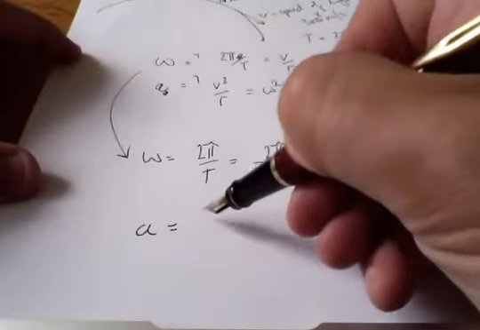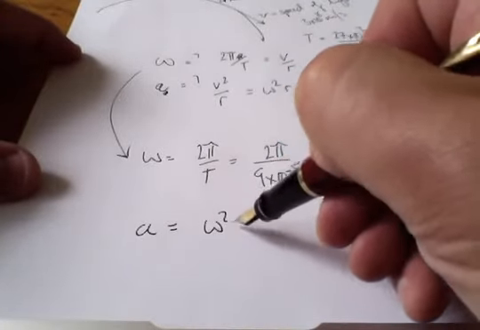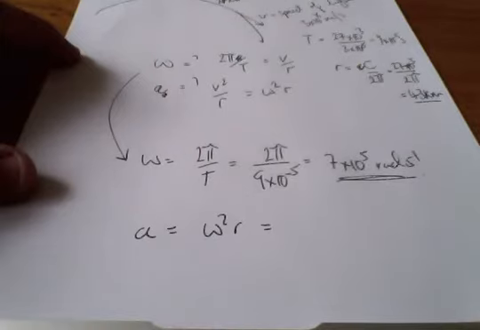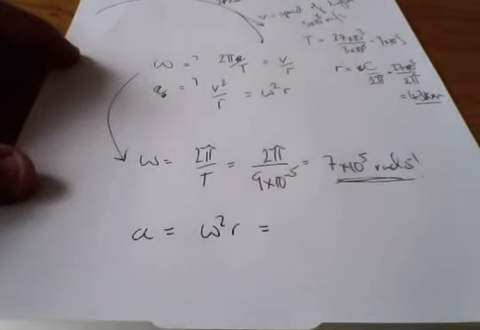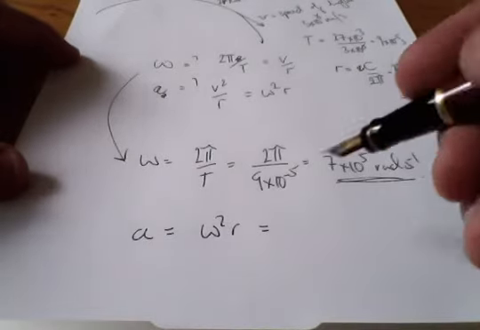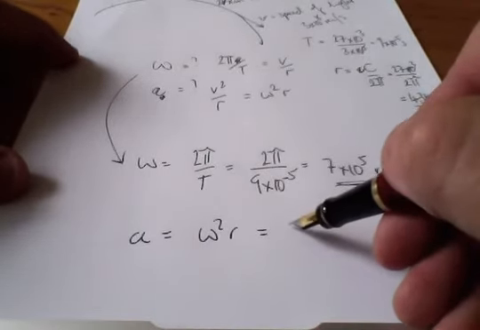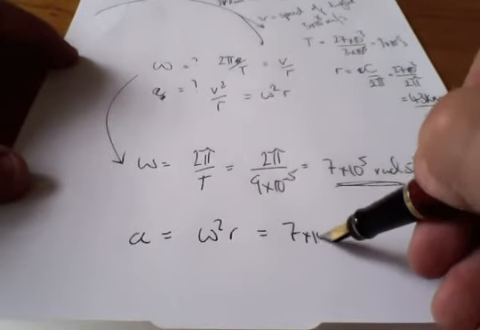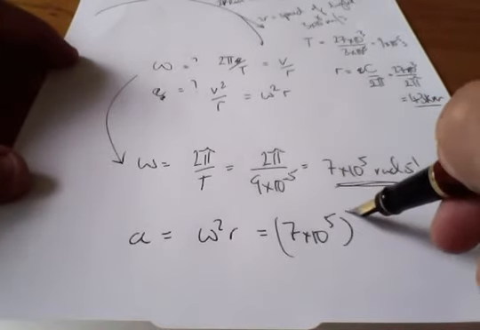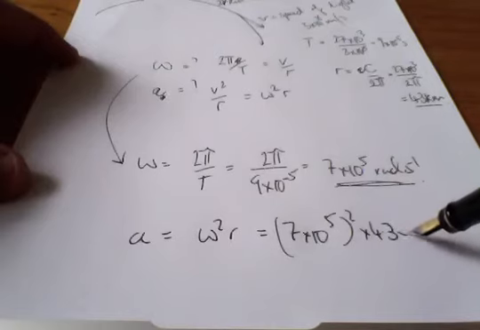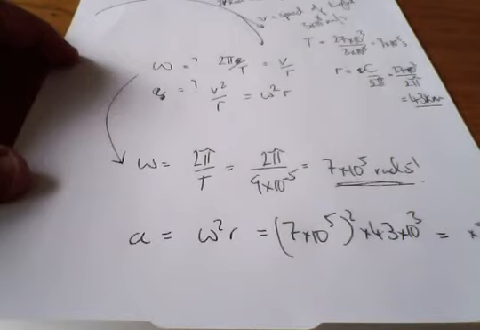The acceleration is going to be v squared over r, or even omega squared multiplied by r. So let's square that, multiply by r, and that gives us something like 10 to the 13 metres per second squared.